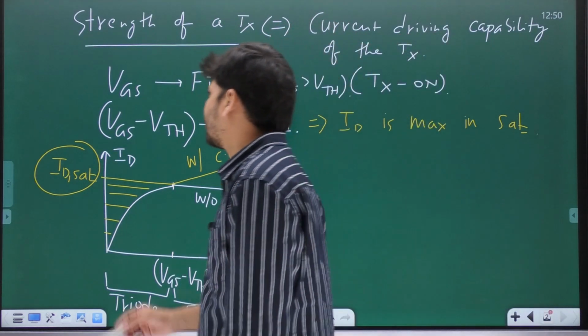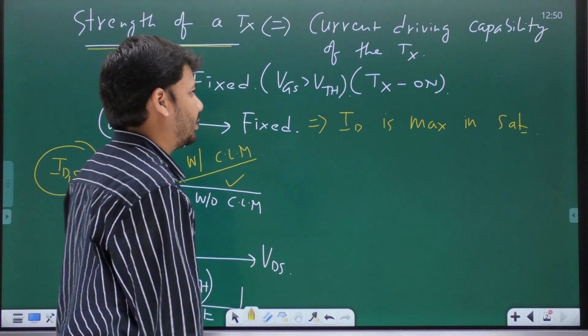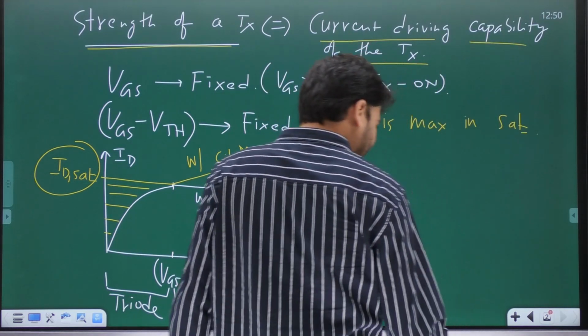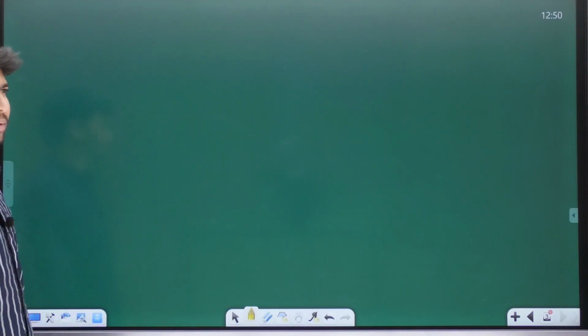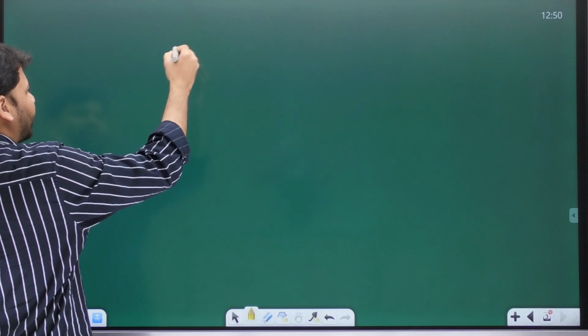Okay. Now let us again get back to the notion of the strength of a transistor, which is the same as the current driving capability of the transistor. So let us say we have two transistors. Initially, let both the transistors be NMOS. Look at this.